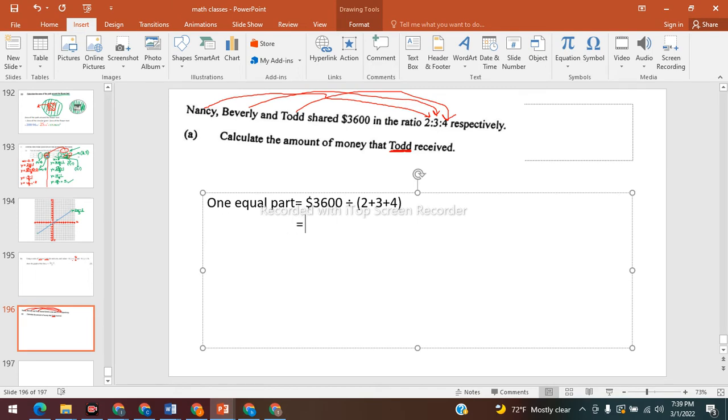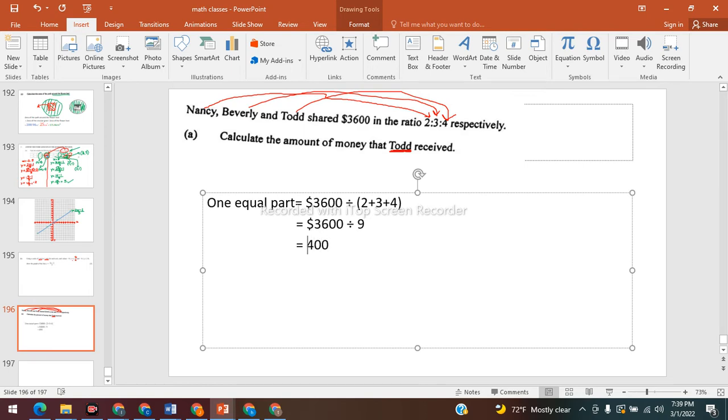So one equal part is going to be equal to 3,600 divided by, what is 2 plus 3 plus 4? 9. And what is 3,600 divided by 9? 400.